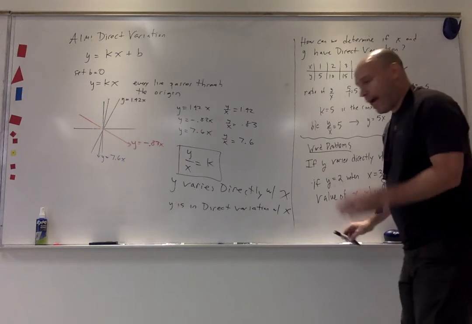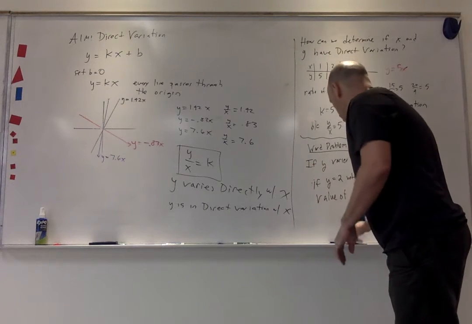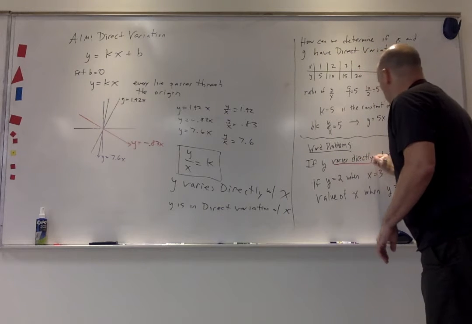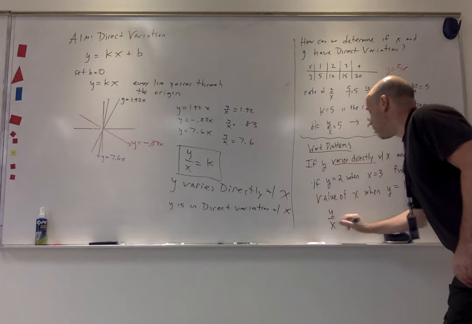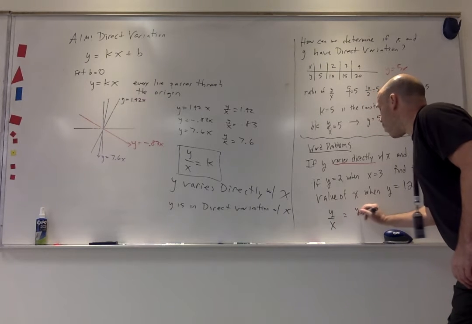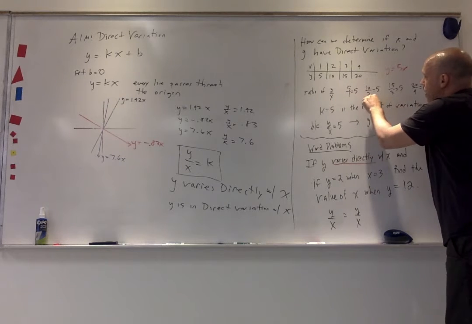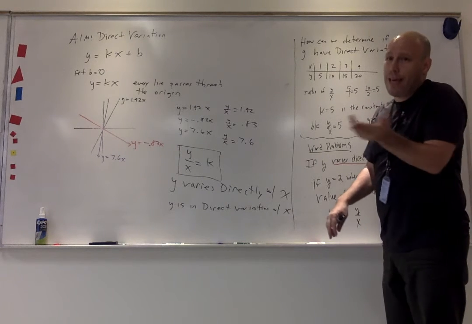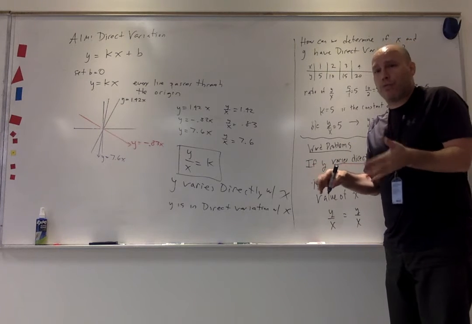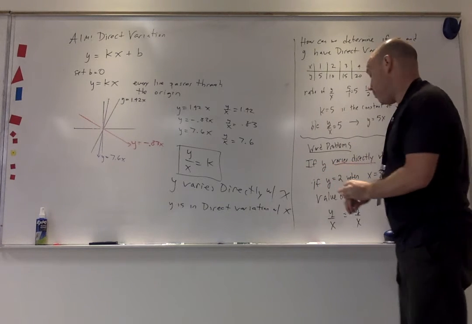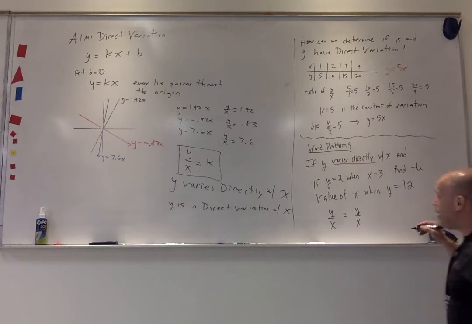Well, you're looking at this word problem, you see varies directly. You say, okay, y over x is equal to some y over x, right? Because all of these y over x's equal the same thing. That means they equal each other. We learned that from a proportion being ratios set equal to each other. So you look at the values.